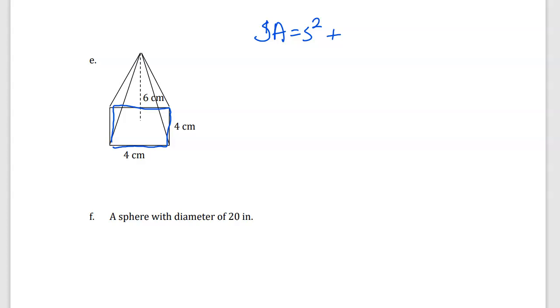But then I need to know about each of these lateral heights. This side right here is not the lateral height. This is actually the altitude, or from the center to the center.